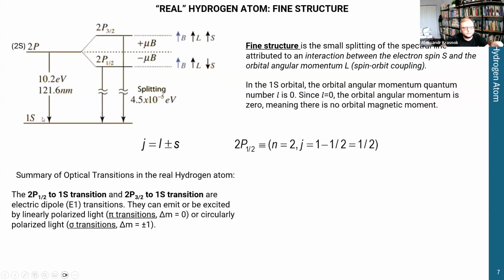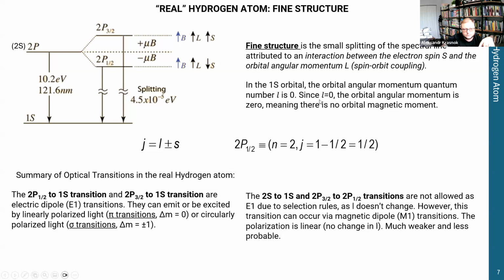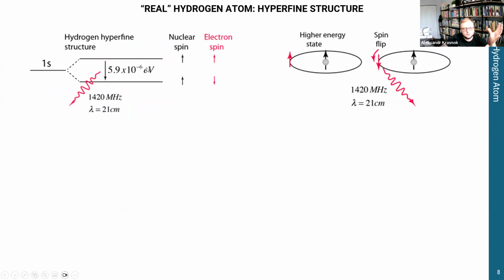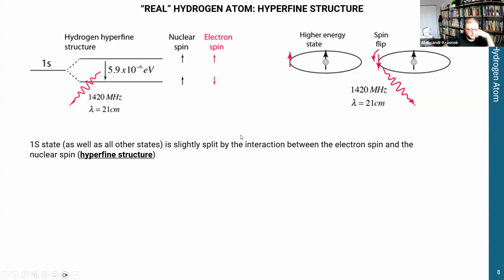I remind you that for the previous effect, state 1s didn't change because L is equal to 0. However, now even this state 1s can split because of the nuclei-electron spin interaction. Okay, so hyperfine structure.